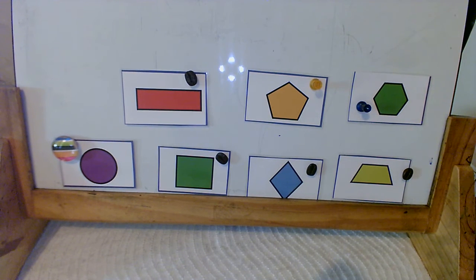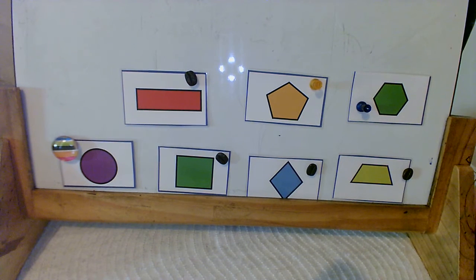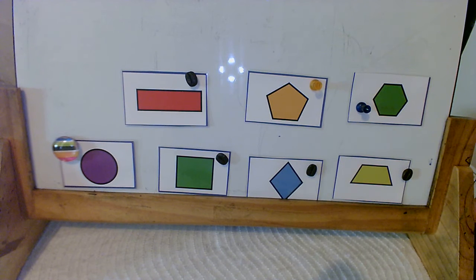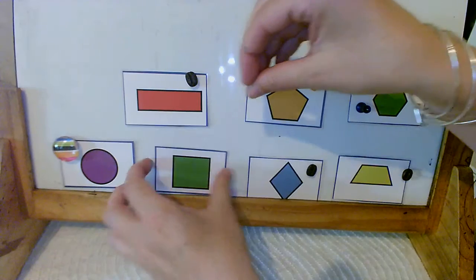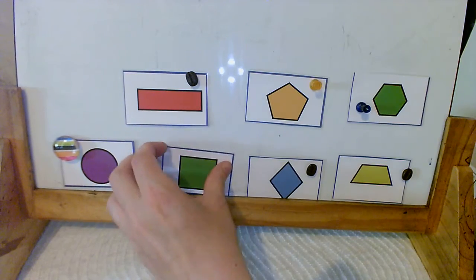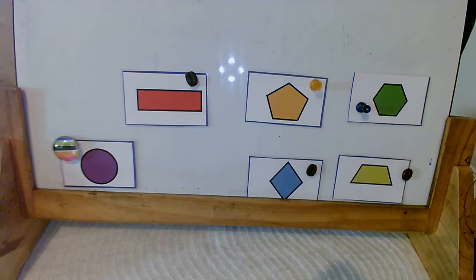So, looking at these shapes, you might already know some of the names of these shapes. Which one of these is a square? Which color is the square and which one is the square? If you said this one, you are correct. So I am going to bring this one up here, and I'm going to write the word square next to it.